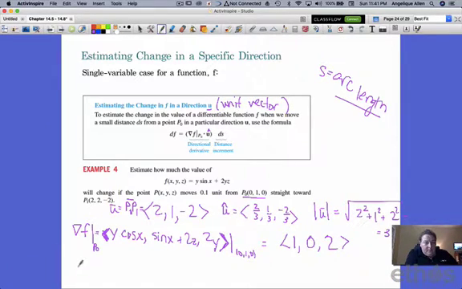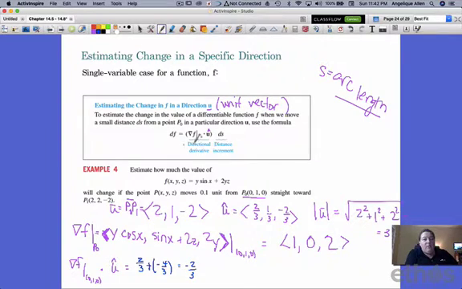So grad f evaluated at 0, 1, 0, dotted with unit vector u is going to be 2/3 times 1. And remember, a dot product is a scalar quantity. 1/3 times 0, and negative 2/3 times 2, it's negative 4/3. So we get negative 2/3.